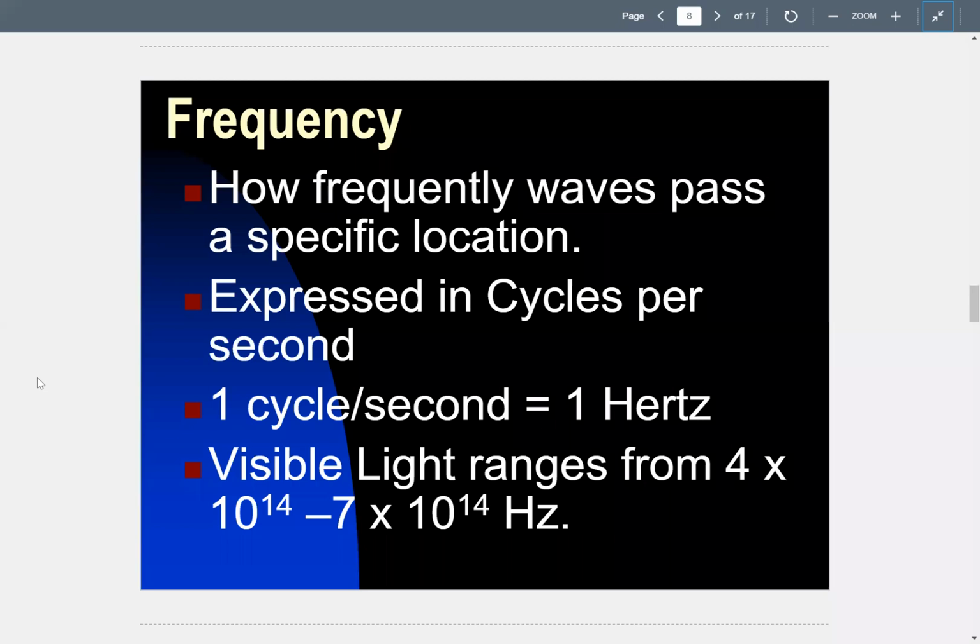And if you have a really, really short wavelength, you have a really, really high frequency. So what is frequency? Frequency is the amount of waves that pass by a certain spot in a second. And we call it hertz, but basically it's just per second.